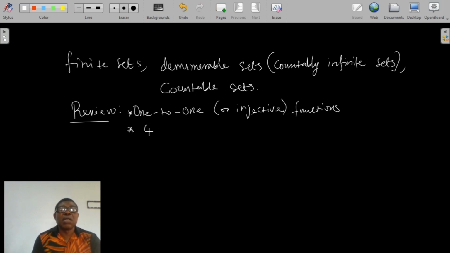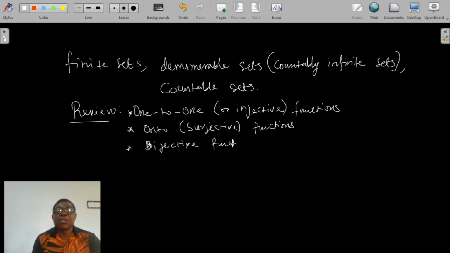Then we shall also look at onto or surjective functions. Then the concept of bijective functions. So these are the first three things I would like us to review before we get into a discussion on the topic at hand.